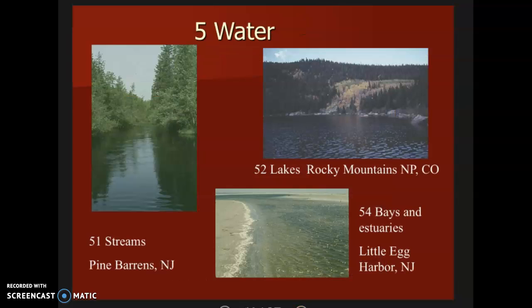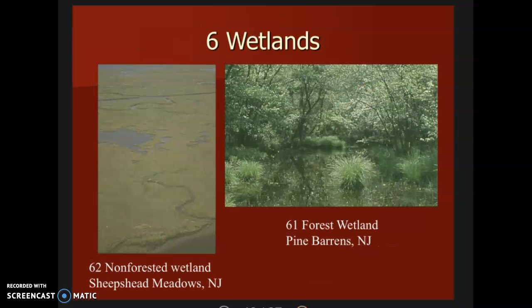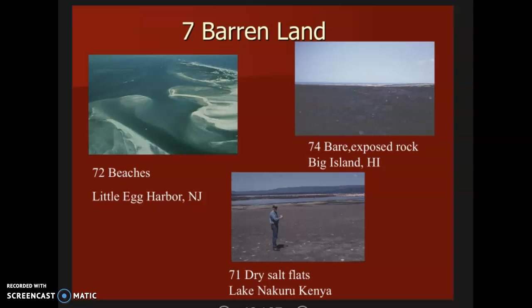5 is water. You can have 51 as streams, 52 is lakes, 54 are bays and estuaries. Number 6 are wetlands. You can have a non-forested wetland. You can have a forested wetland. 7 is barren land.